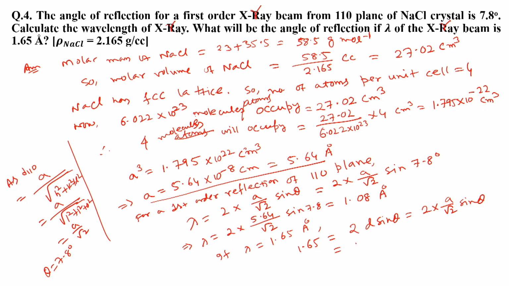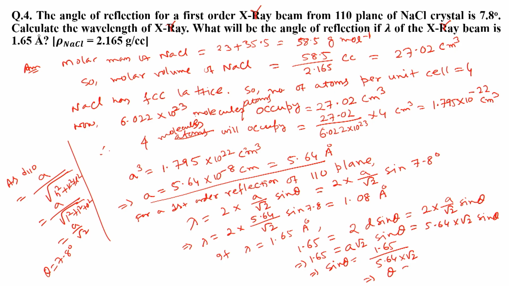The value of a we already got is 5.64, so we get 5.64 by root 2 sin theta, and this is your 1.65. So sin theta is 1.65 by 5.64 times root 2.